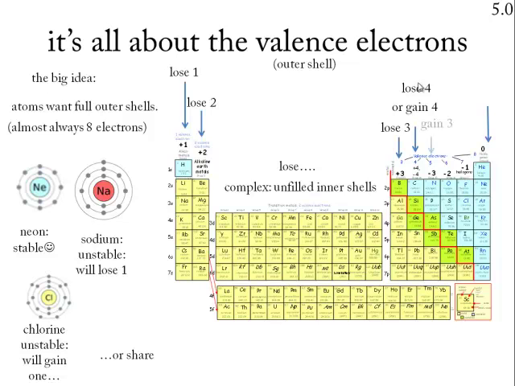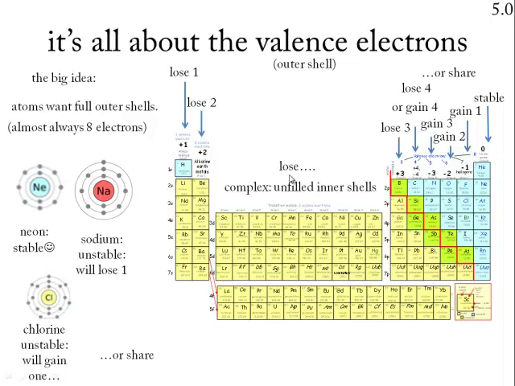The nitrogen group will prefer to gain 3 electrons. The oxygen group will gain 2. After all, it's easier to gain 2 than it is to lose 6. And the fluorine group, the halogens, have 7 valence electrons. It's easiest for them to gain 1, as we showed with chlorine. And here's our nice stable group here, the group 8s, the noble gases.